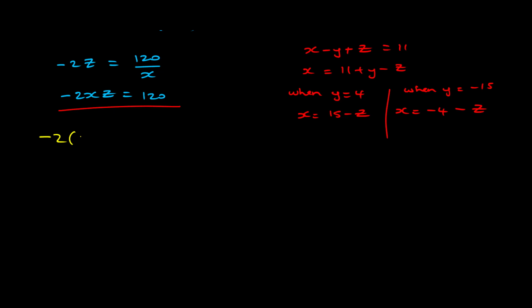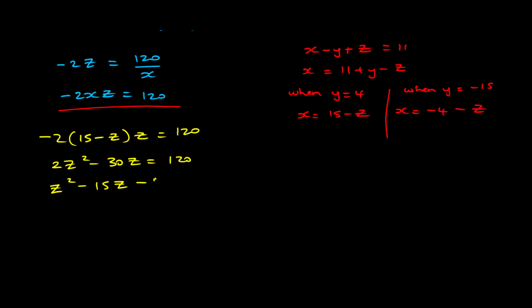So negative 2 times 15 minus z, being multiplied by z, is equal to 120. If we rearrange this, we would get 2z squared minus 30z is equal to 120, and z squared minus 15z minus 60 is equal to 0.